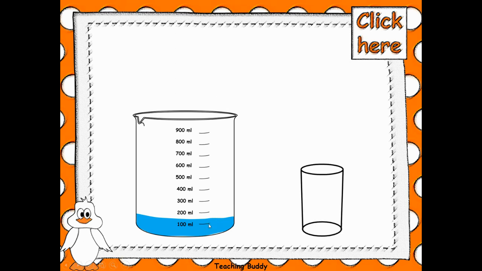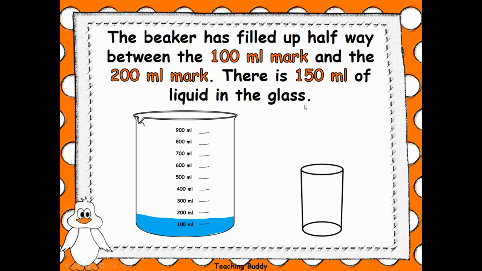All right, let's try the glass of water. Now this time I notice it's not at a line, but the liquid is between the 100 and the 200 mark. What number is in the middle of 100 and 200? Okay, there's 150 milliliters of liquid in the glass. I know 150 is right in the middle.